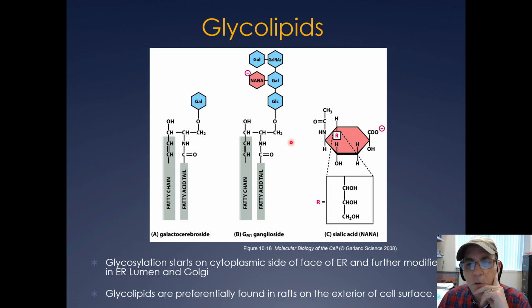It starts in the endoplasmic reticulum, and then the glycosylation gets further modified, and these sugar moieties get added to the phospholipids. And here's just the sialic acid group that's there. These are often preferentially found in lipid rafts on the exterior of the cell surface. We'll see these again when we look later at different cell types.